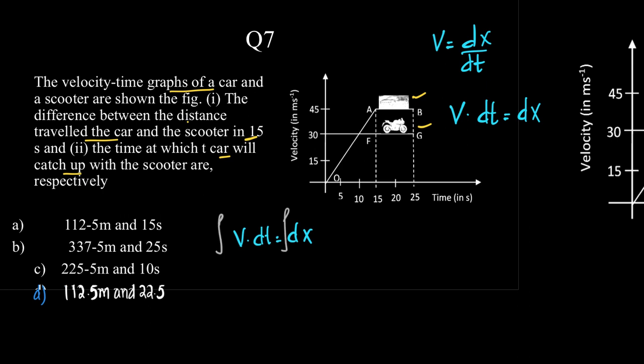Now we integrate on both sides. If you integrate on both sides with limit 0 to t for v dt and limit x1 to x2 for dx, what is integral dx? Integral dx is x, so x varying from x1 to x2. It is x2 minus x1.